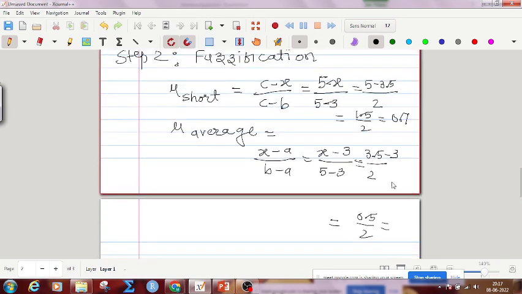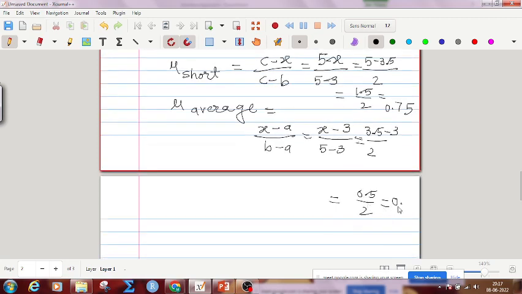0.25. Can you please tell me the perfect value for the previous one? Is it 0.7? I think it is a little bit different. 0.75.